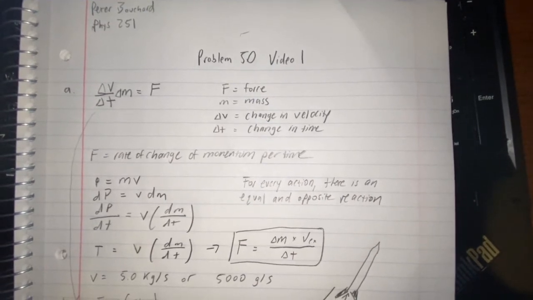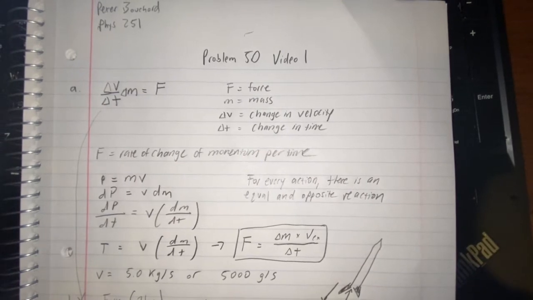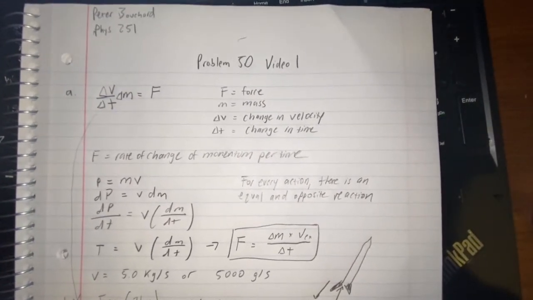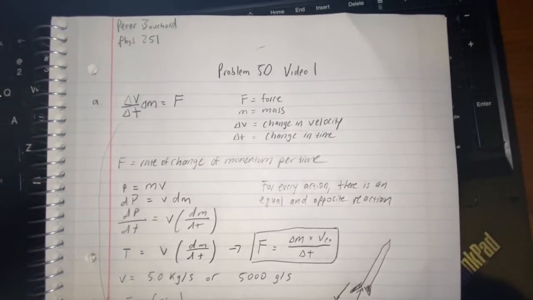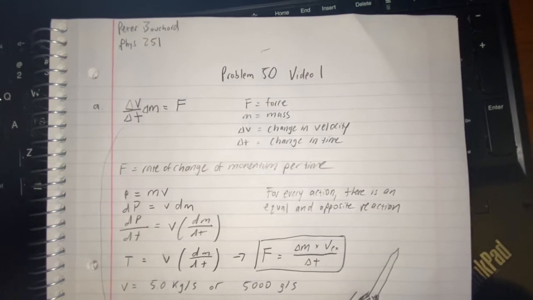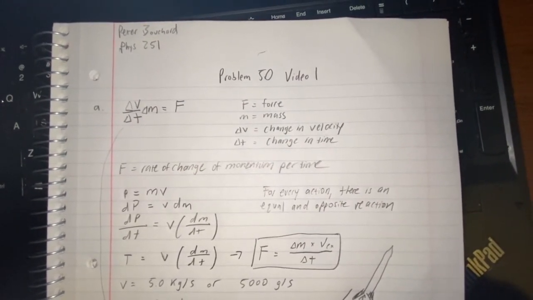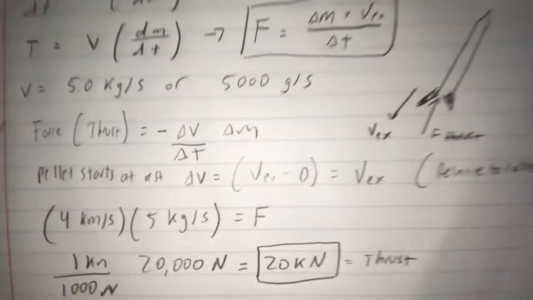So the thrust equation is going to be pretty similar here. However, instead of delta V, since we know that the pellets are going to be starting at rest, that exhaust velocity is just going to be equal to delta V. And I wrote it out right here.